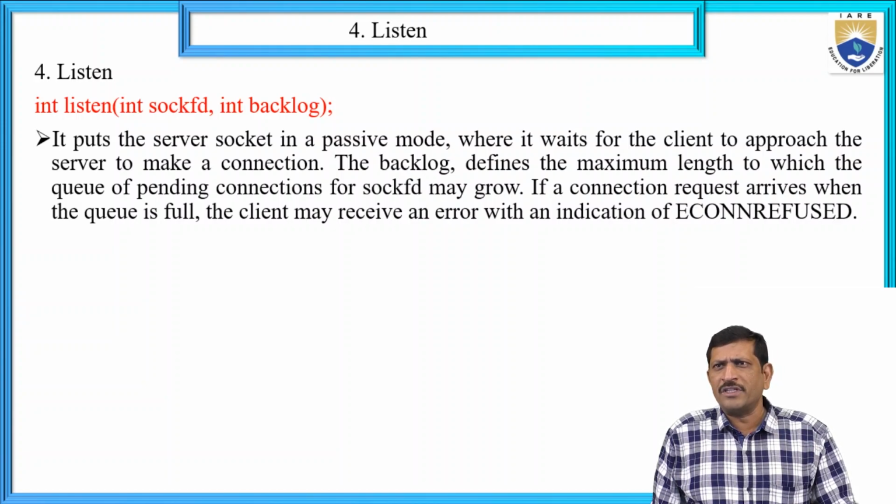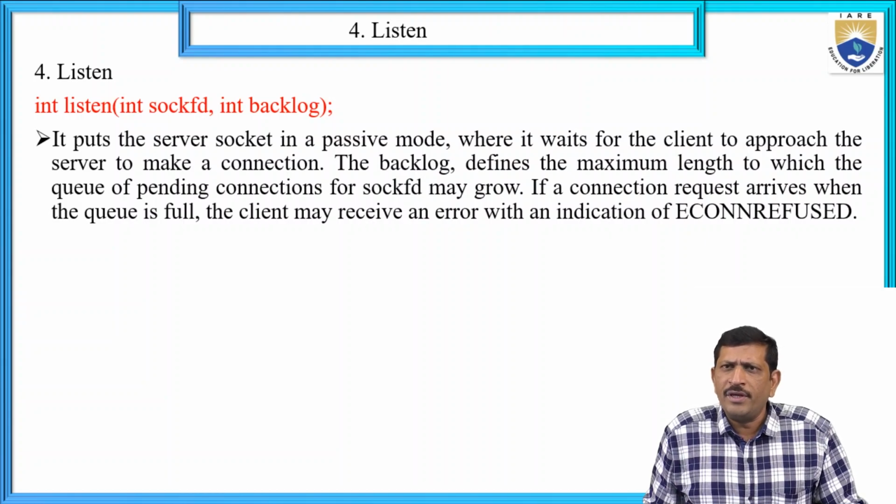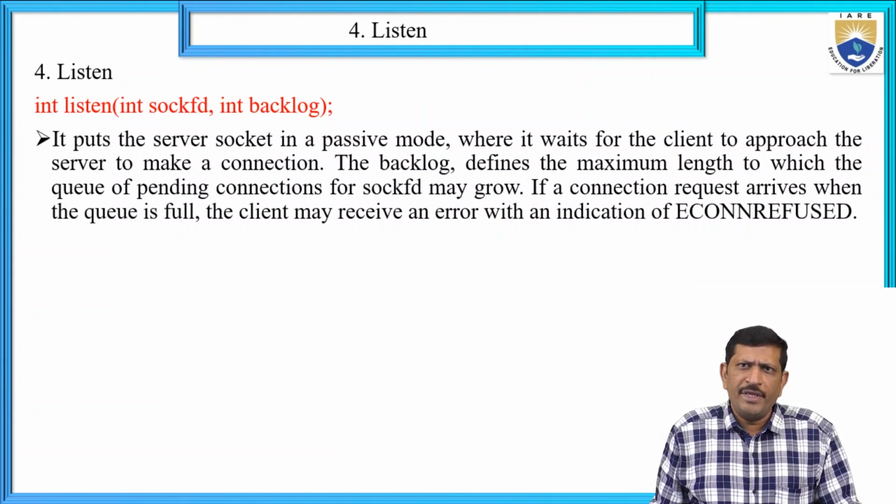If a connection request arrives when the queue is full, the client may receive an error. Why? Because it is first in, first out. Sockets perform the operation based on the queue data structure, so it is implemented using a queue. Once the queue is full, the client may receive an error with an indication of ECONNREFUSED, connection refused.